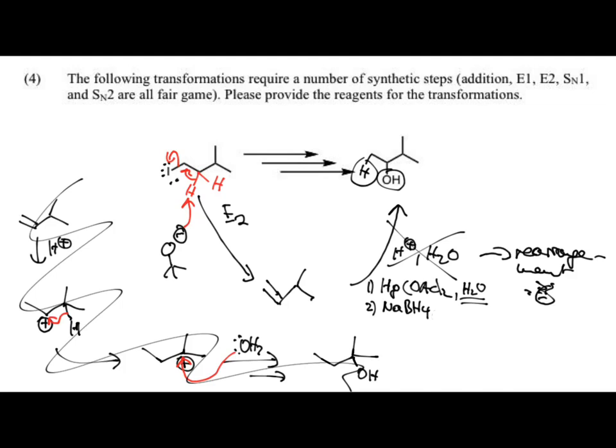No, none of these make the triangle. The only one which makes a triangle as an intermediate is the mercuration, because the mercuration gives a triangle with the mercury. But that's just the mechanism we drew.